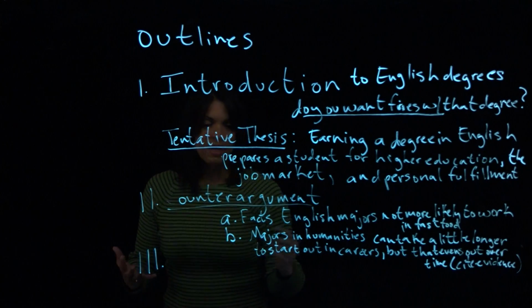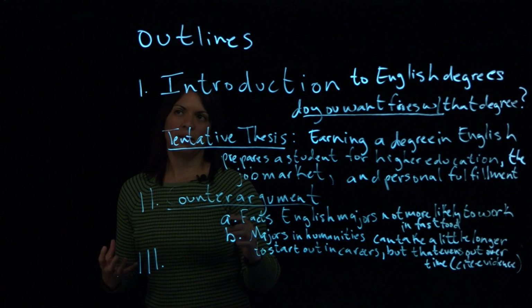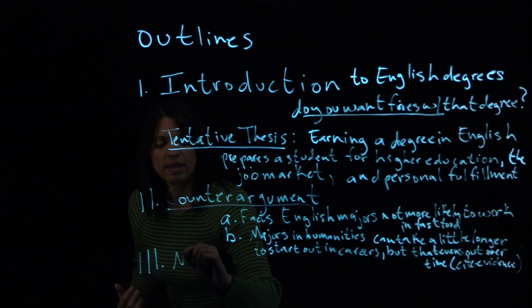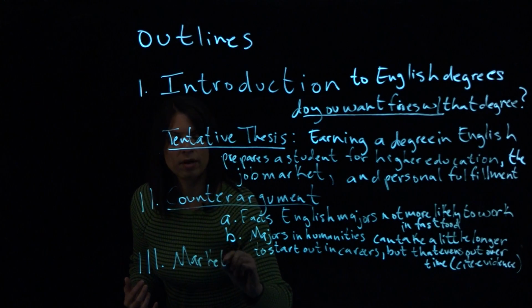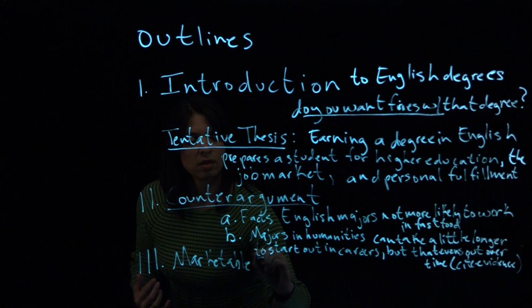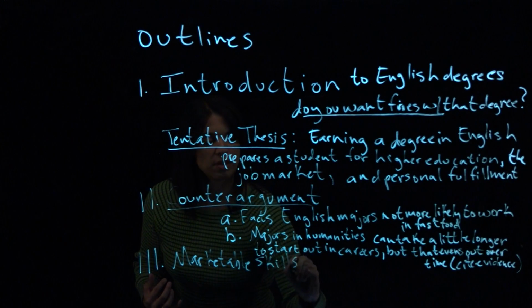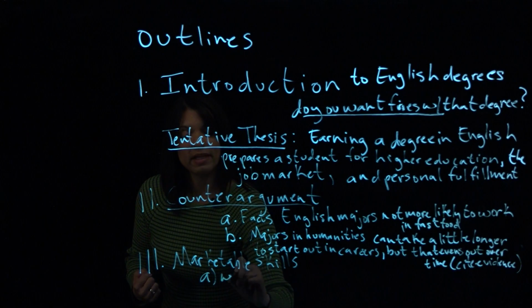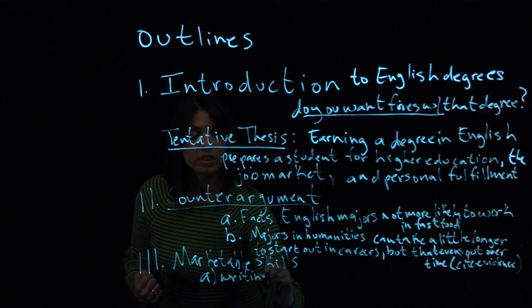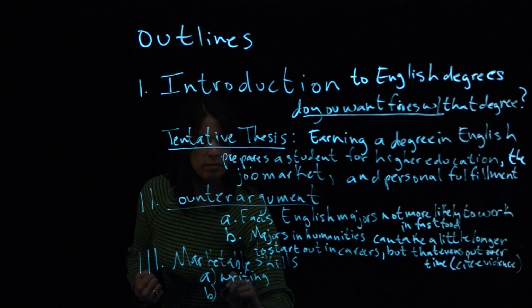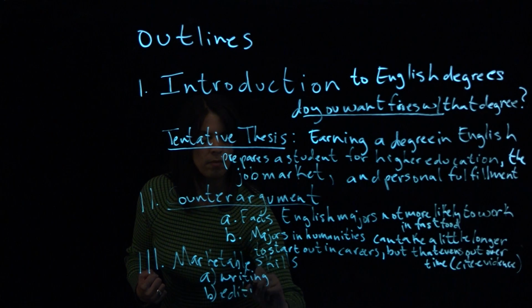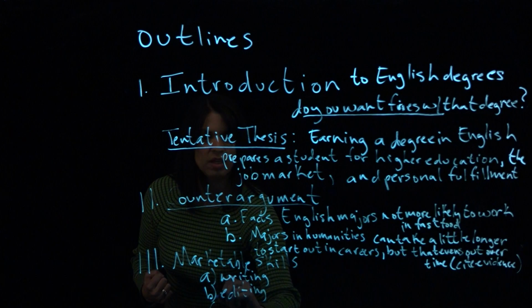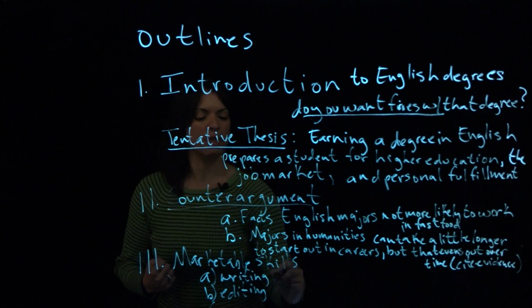And then I could go into those points that I was talking about in the idea map, like the fact that you do have marketable skills if you have a major in English. Things like, and I'm going to run out of room, writing, good skill, editing, communication. How far down am I? I'm already running out of room.